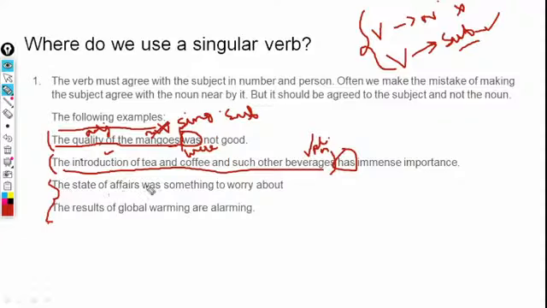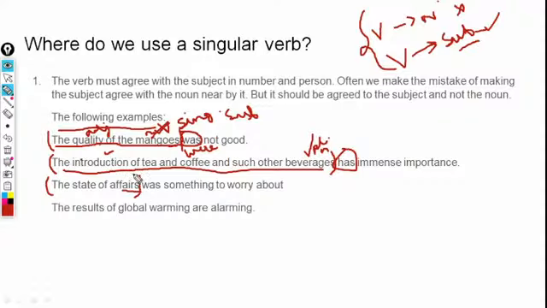The state of affairs was something to worry about. Again, what is the mistake?